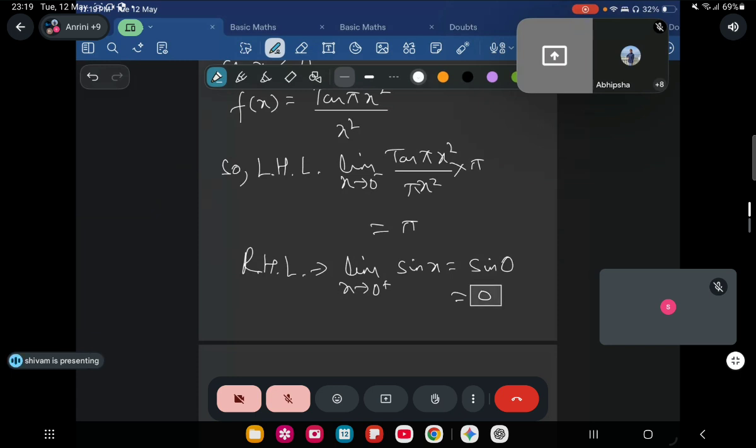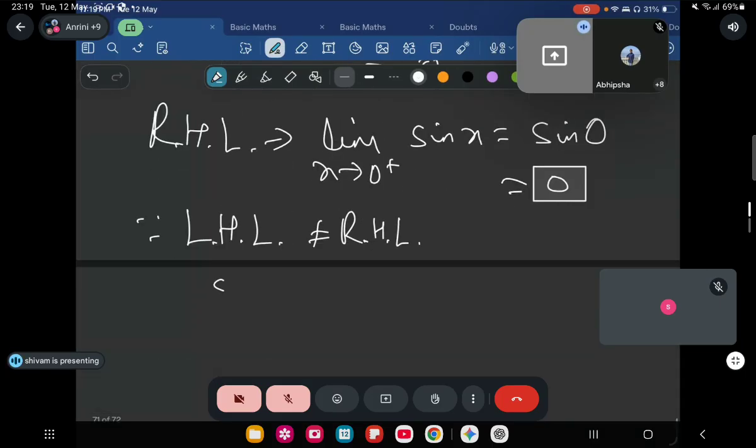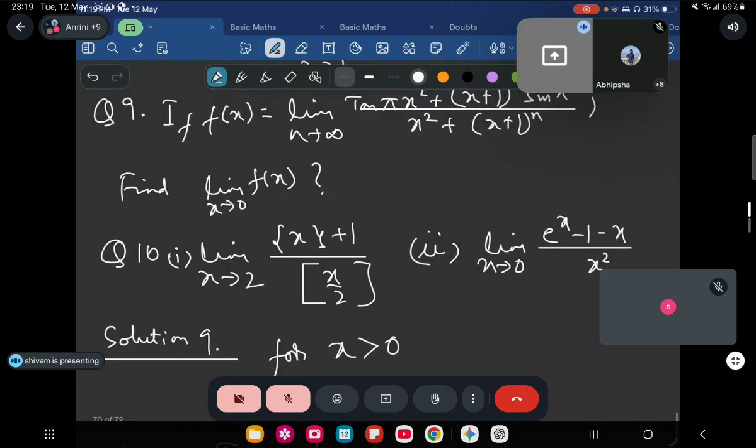So over here, since LHL is not equal to RHL, the limit does not exist. Everyone try 9 part 1, I mean 10 part 1.